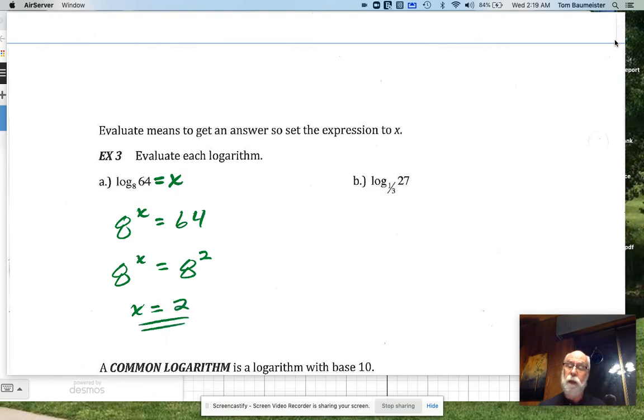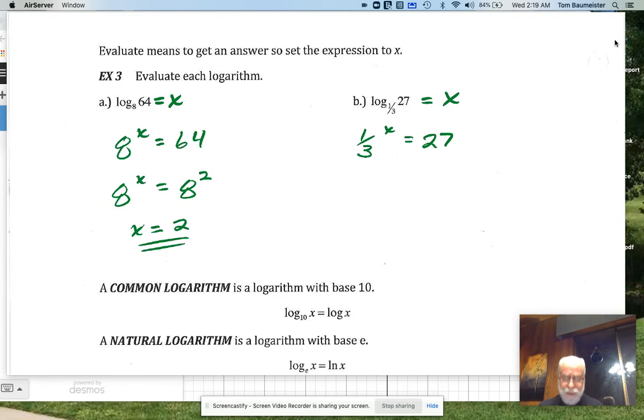And you could always plug it in your calculator just to make sure. All right? Same thing here. We're going to put it to x. So now on this one here, we're going to say 1/3 raised to the x power is equal to 27. So now you're going to have to think a little bit about this one here, because I have a whole number here and I have a fraction here, right?